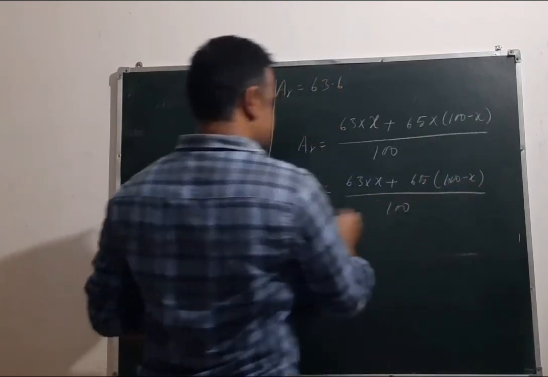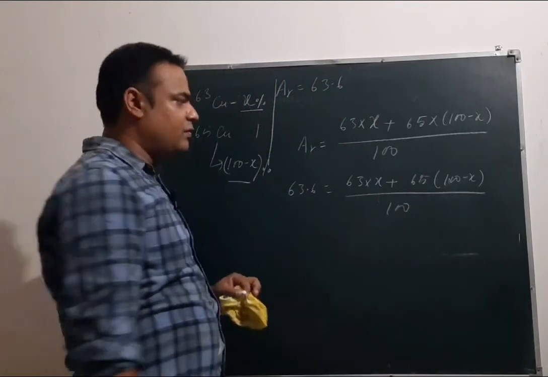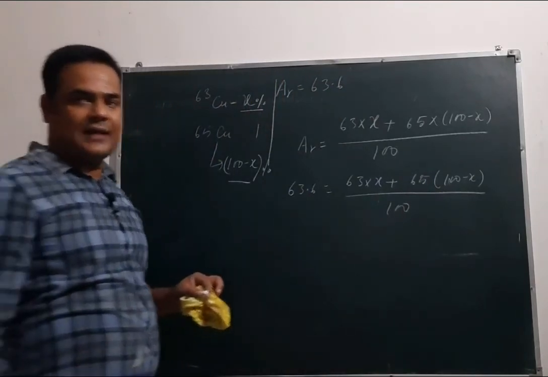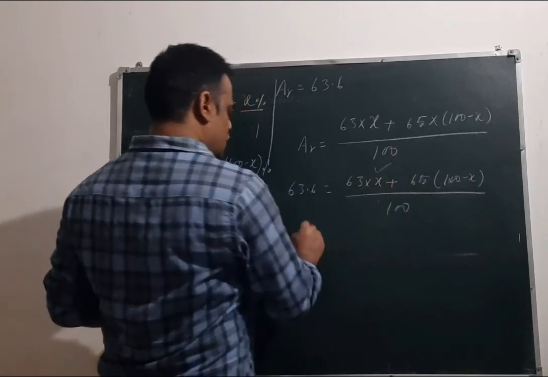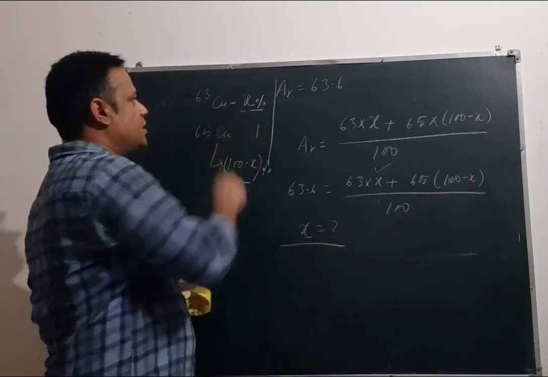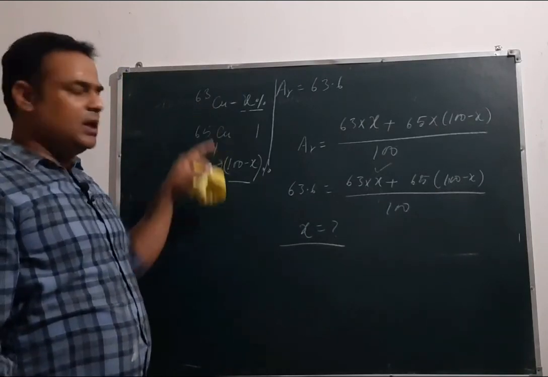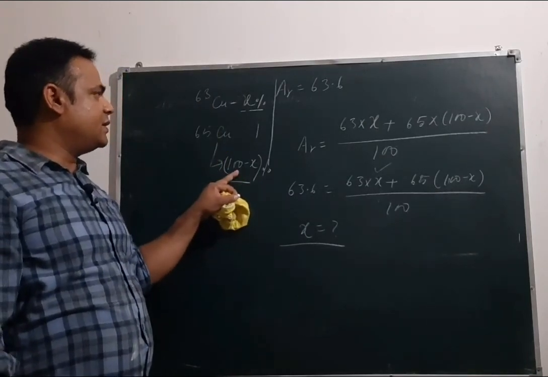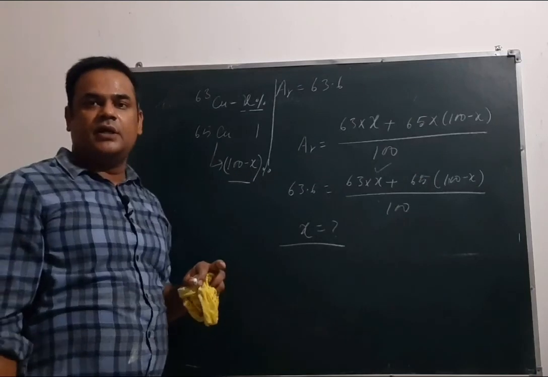You can see in this equation there is only one unknown value, X. So from here we can find X. If you find X, that is the percentage composition of 63 Cu, then by subtracting from 100 we can find the percentage composition of 65 Cu.